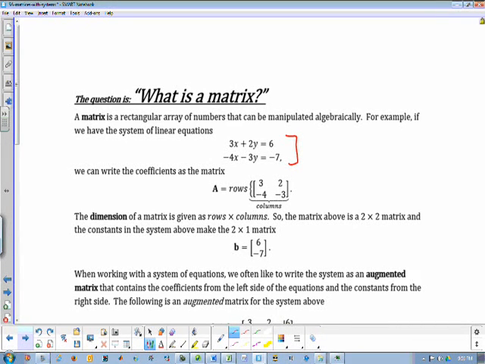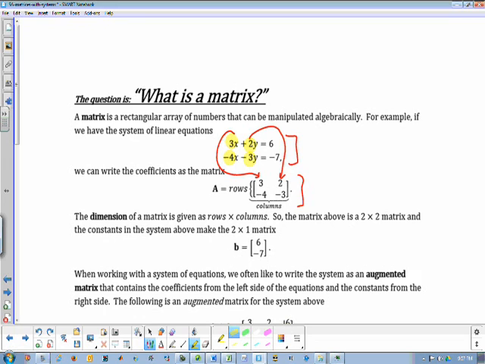The important information here is the coefficients. And the coefficients can be written in a rectangular array like this here. We take our 3 and our 2 and our negative 4 and our negative 3, and we write them here in an array called a matrix.